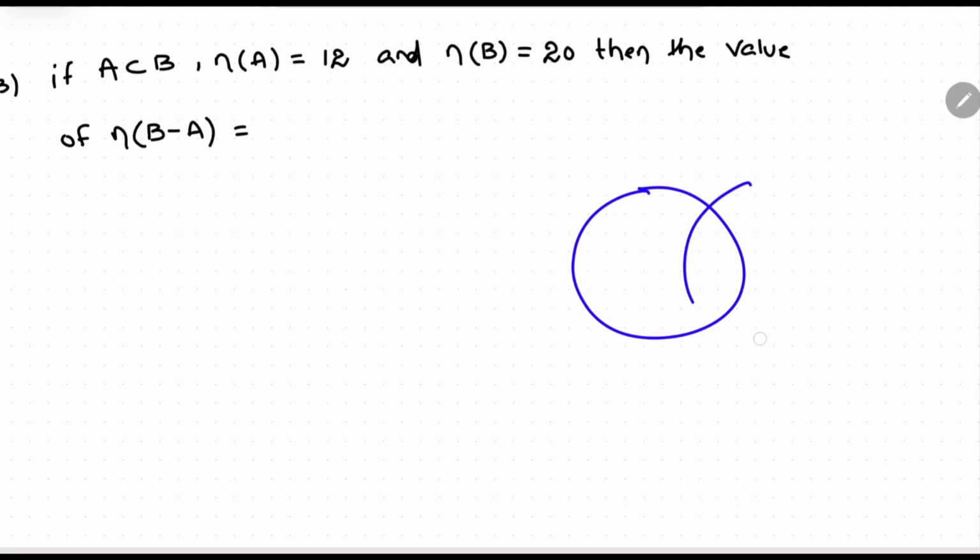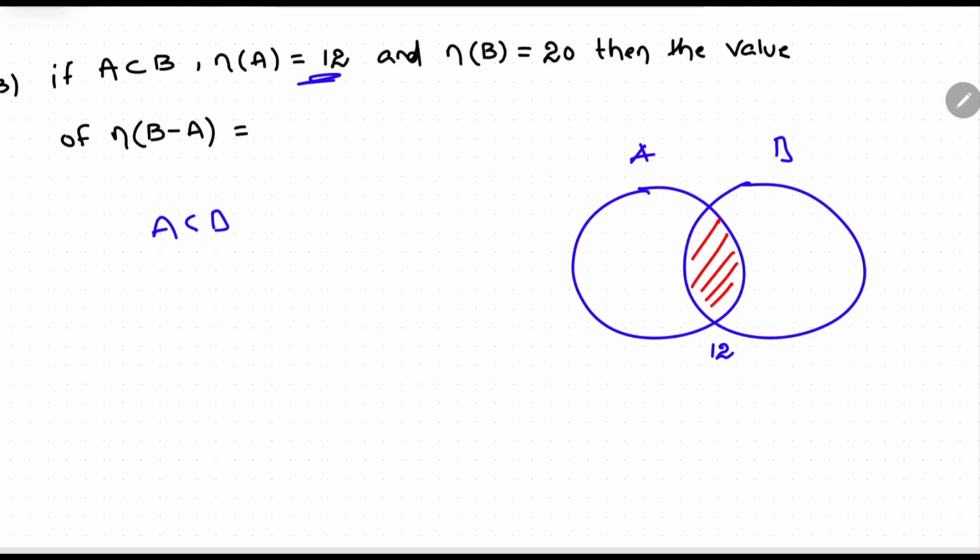Set A, set B. Here A is a subset of B, so every element of A is also an element of B. If A has 12 elements, those 12 will compulsorily be in the common portion.